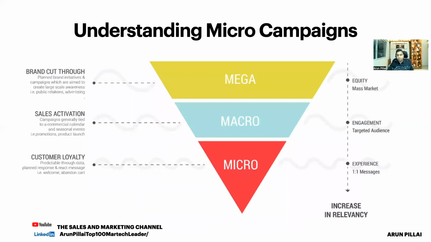Now, in a quick second, what really are micro campaigns, right? If you look from the top of the funnel, which is broad generic content valid for pretty much every audience that we try to reach, a mass market kind of broadcast communication, to getting to mega, to macro, to micro, the experience of a customer or an audience or a persona that we're trying to reach is magnified the moment we're talking micro campaigns, because everybody feels that this piece of communication is curated for them.